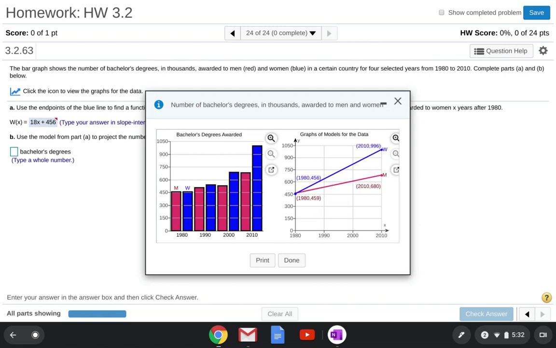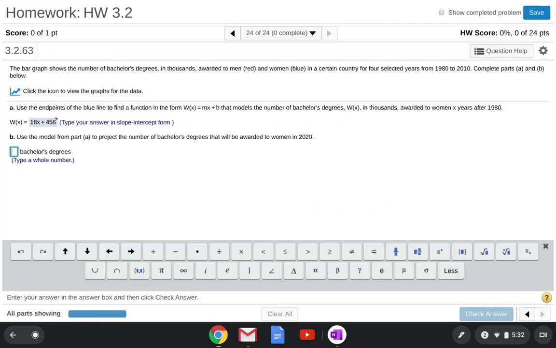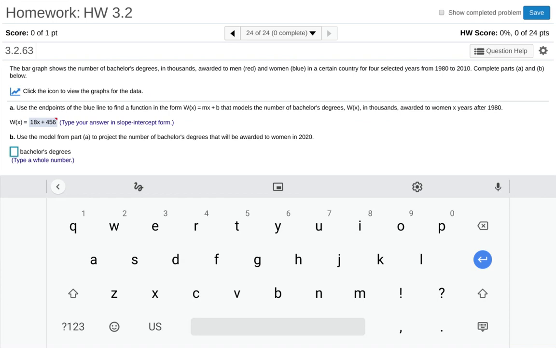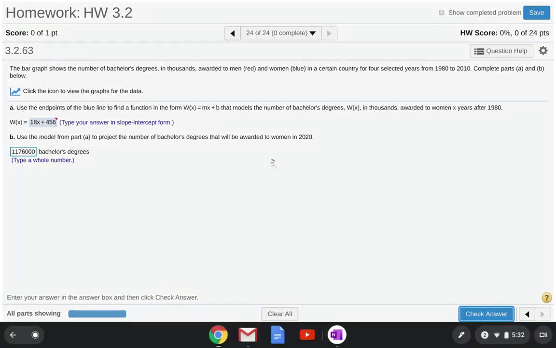They're asking you to use the model to project the number of bachelor's degrees that will be awarded in 2020. W of x is in thousands, so I'm assuming that we need to type 1176 and add 3 more zeros: 1, 2, 3. Okay, and check the answer.